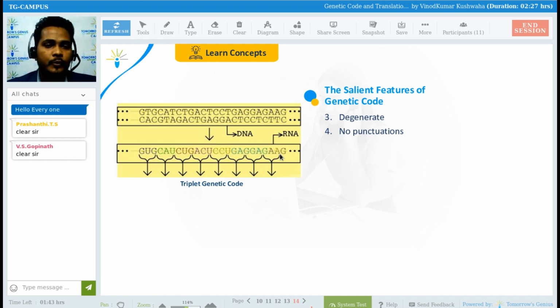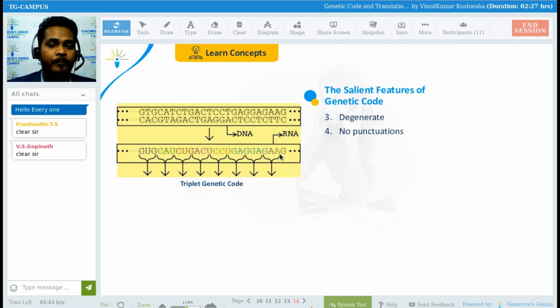The code is degenerate means all the amino acids except tryptophan and methionine are coded by more than one codon. So let's again observe that checkerboard method of the genetic code.